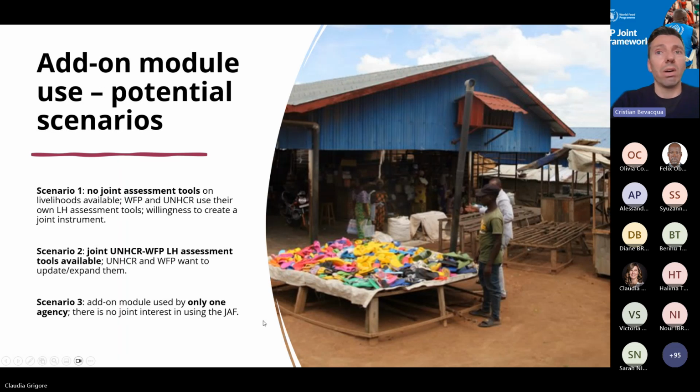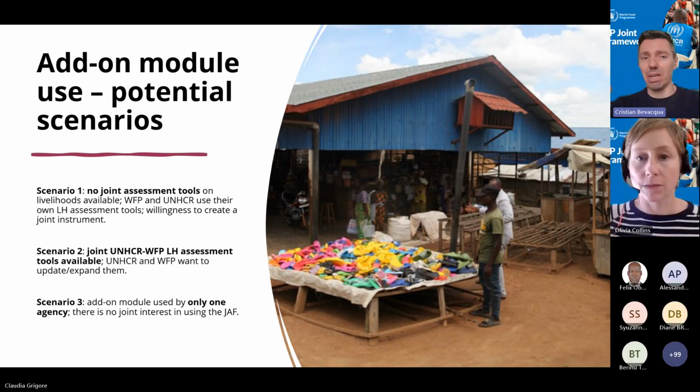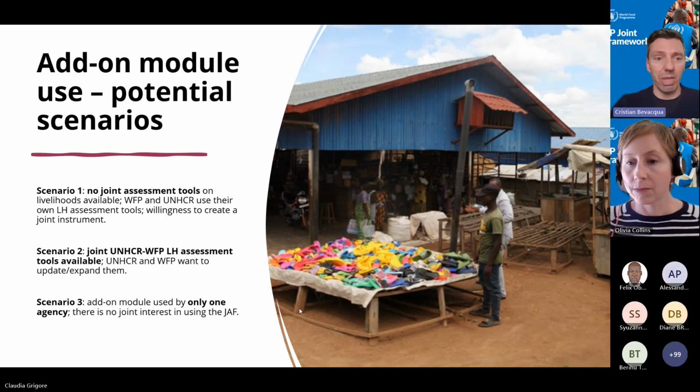In this case, of course, the JAF provides an interesting and very comprehensive framework with information and resources coming from two agencies that at the end will be used by just one agency, and this is absolutely doable. So those are the three scenarios. Of course, there might be other scenarios, but we wanted to focus on these.